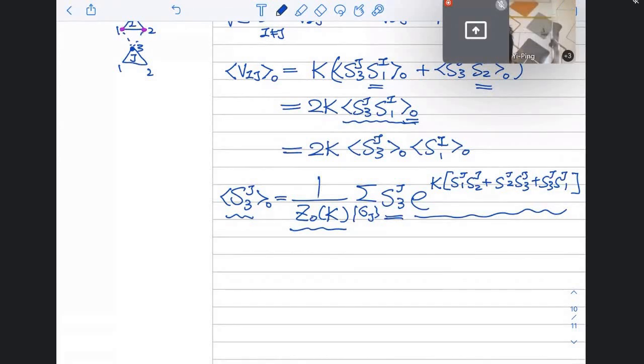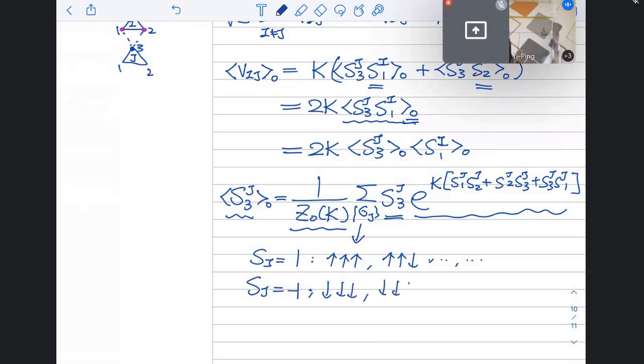Okay, and as I mentioned, these little spin configurations are basically by two cross-grained sectors. One is Sj equal to 1, and the other is Sj equal to -1. So for Sj equal to 1, you have all spin up, or 2 up 1 down, and the rest of the other 2. And for -1, you basically have all spin down, 2 down 1 up, and the rest of the other 2 configurations.